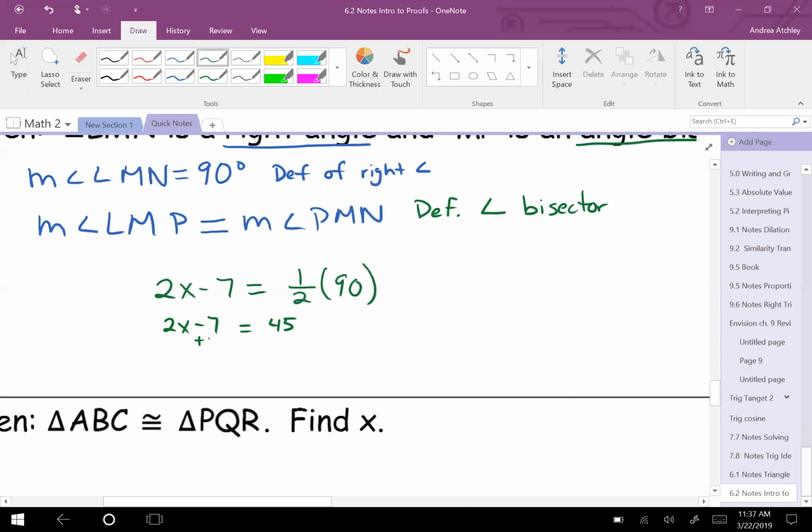I'm going to add 7 to both sides and get 2x equals 52. Divide by 2, divide by 2, and I get x equals 26. Any questions over that? How are we doing? Okay.